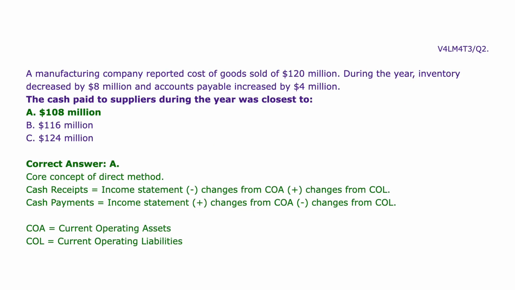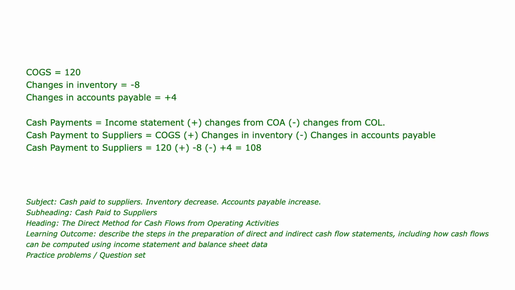Cash payments equals income statement plus changes from COA minus changes from COL. Cash payment to suppliers equals COGS plus changes in inventory minus changes in accounts payable.